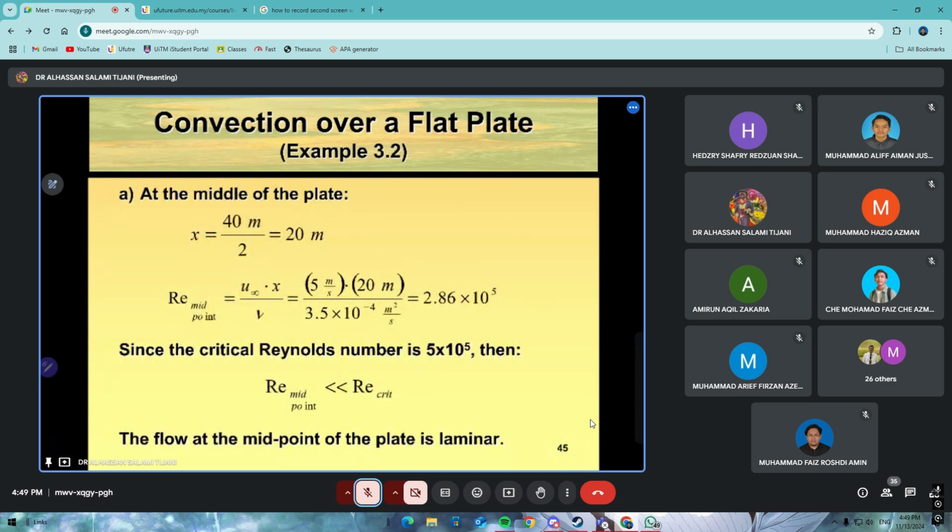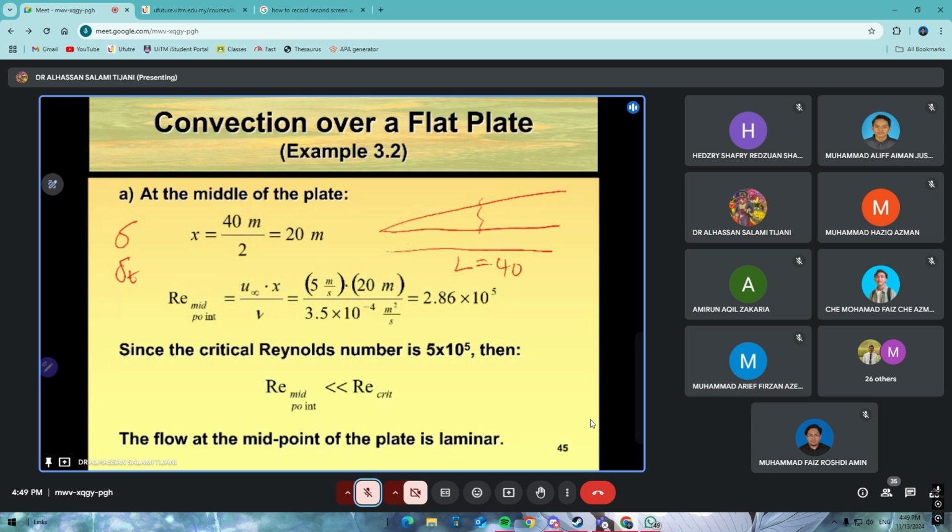And at the middle portion of the plate, so we have the plate like this. The whole length of the plate is L equals 40. But we have been asked to calculate the velocity boundary layer and thermal boundary layer at the point half of the plate. So we need to find out what is the flow situation. Is it laminar flow or turbulent?